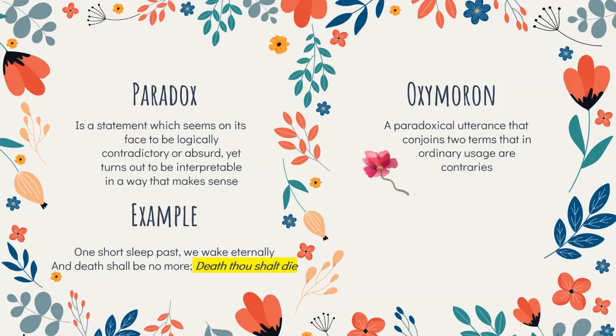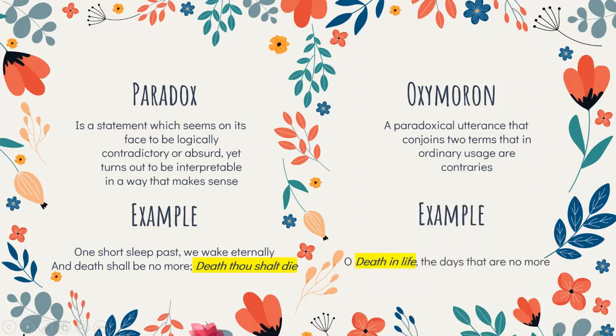If we have a paradoxical statement in which two words that are in ordinary usage each other's contraries are used, we also have, technically speaking, an oxymoron. So each oxymoron is, of course, a paradoxical statement, but with an addition: two contrary words.